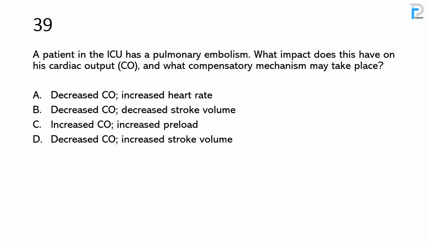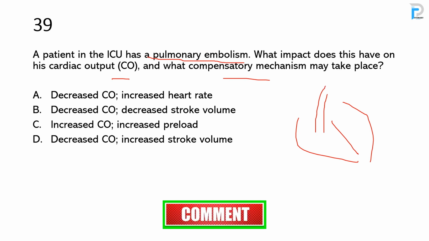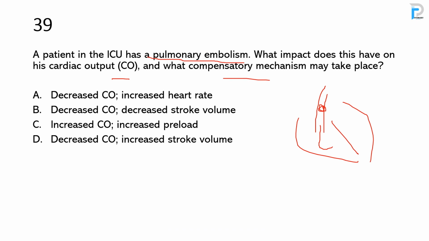A patient in the ICU has a pulmonary embolism. What impact does this have on CO, and what compensatory mechanism may take place? So pulmonary embolism means that while the right ventricle pumps the blood to the pulmonary circulation, there is an embolus. So while the ventricle is pumping the blood into the pulmonary circulation, it is facing resistance.